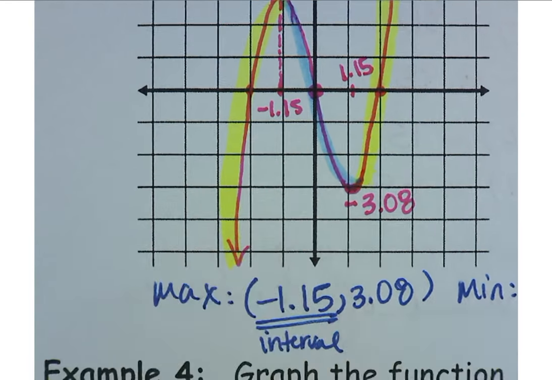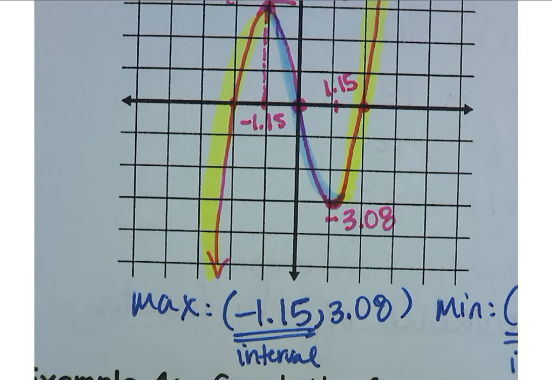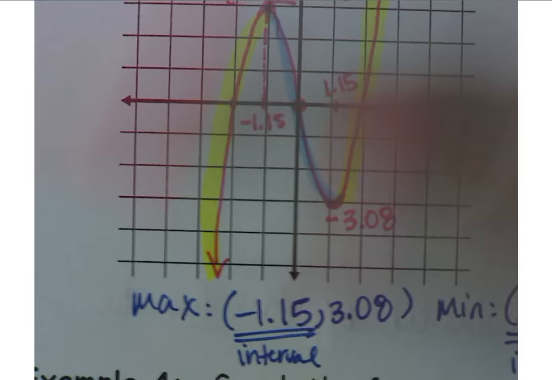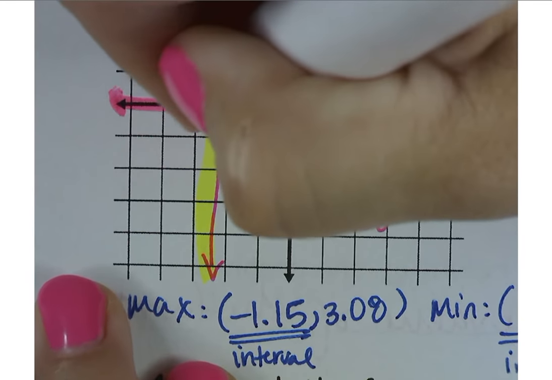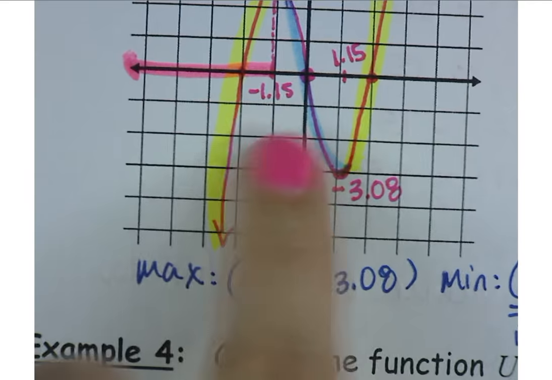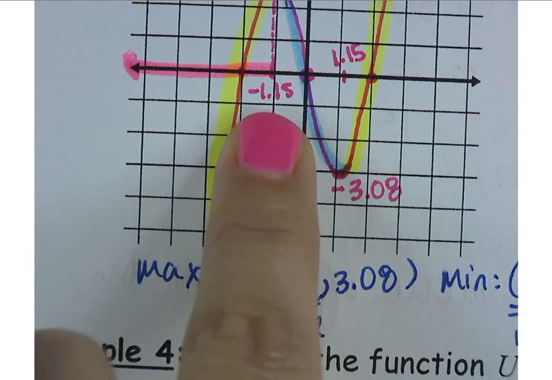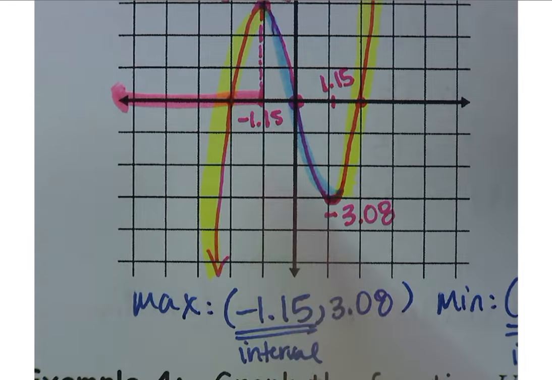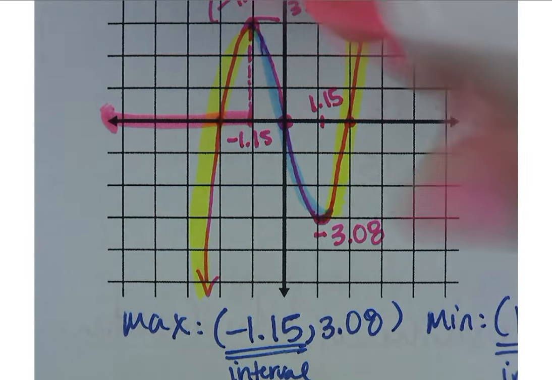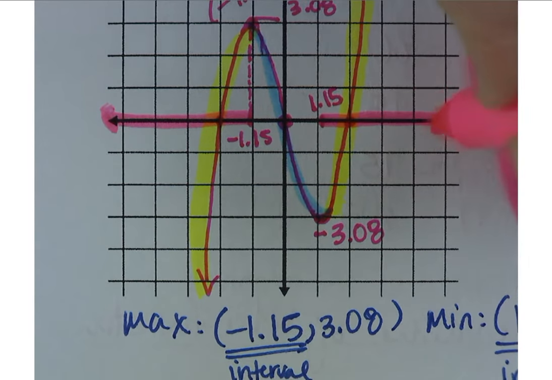So if you look, I'm going to do some highlighting here. So on your x-axis, can you guys see that the increasing interval is going to be from negative infinity to negative 1.15? Okay, and then from here, it's going to be 1.15 to infinity.